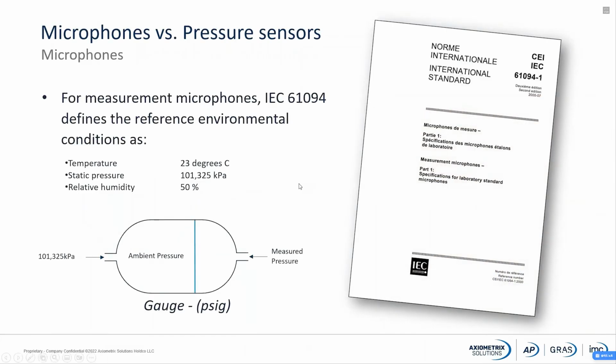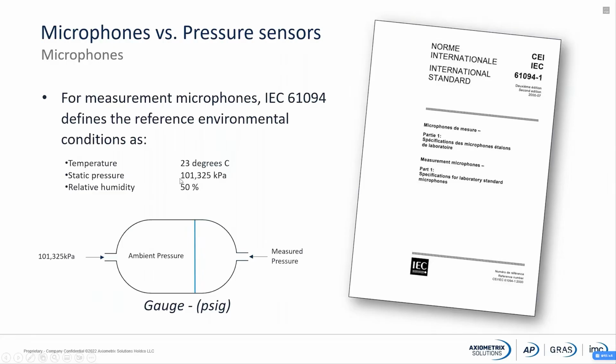Talking about microphones, they are described in this international standard, as I said, and this standard is sort of describing what is the reference environmental conditions. So there you will see that the reference temperature is 23 degrees centigrade. The static pressure is 101.325 kilopascal, which is equal to 1013.25 hectopascal, and relative humidity 50%.